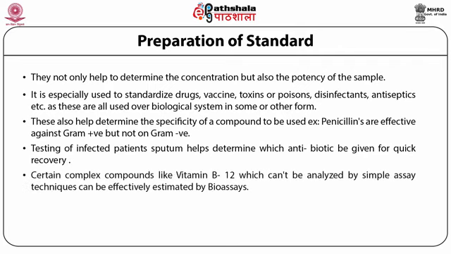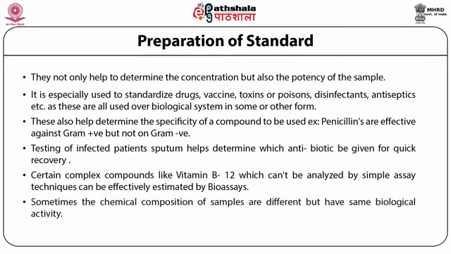Certain complex compounds like vitamin B12, which cannot be analyzed by simple chemical assay techniques, can be effectively estimated by bioassay or by using a biological assay system. Sometimes the chemical compositions of samples are different but have the same biological activity.